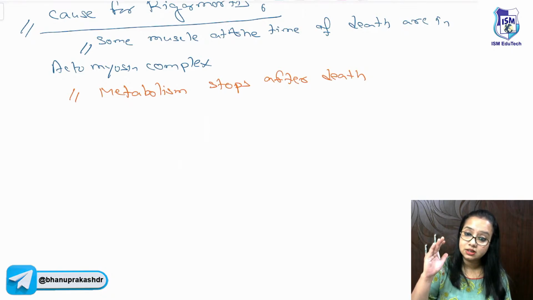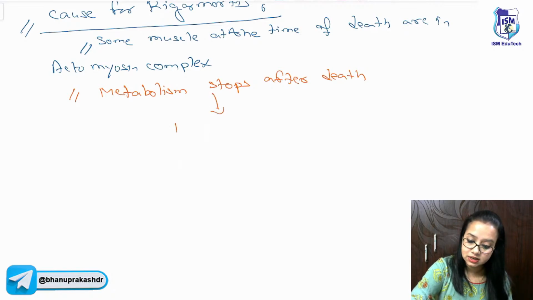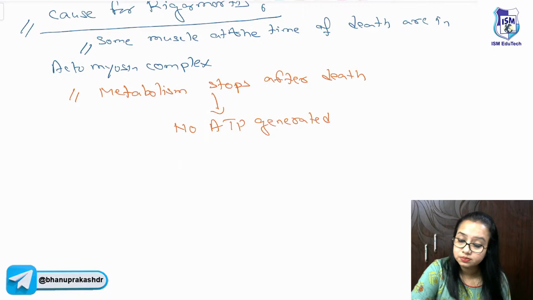When there is stoppage of all these cellular respiratory activities, there is no ATP generated, because all ATP gradually becomes used up.